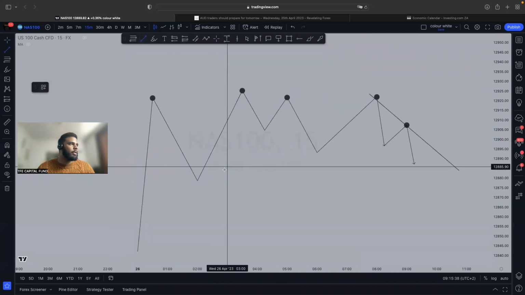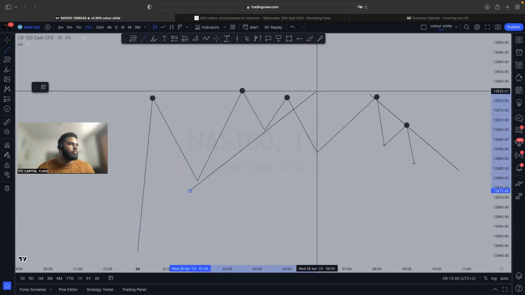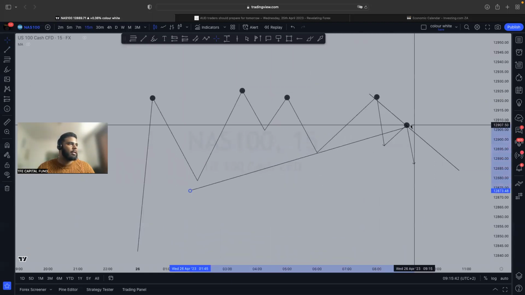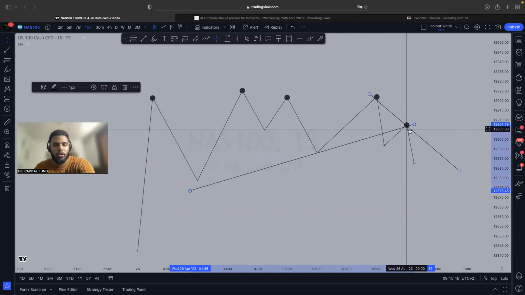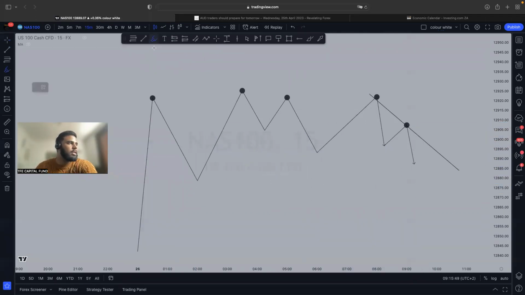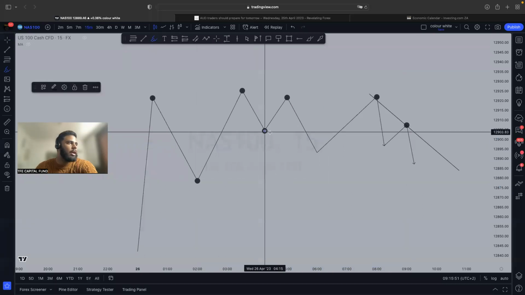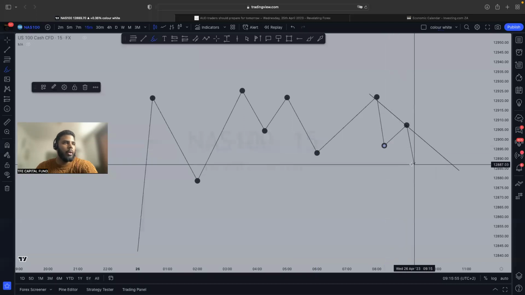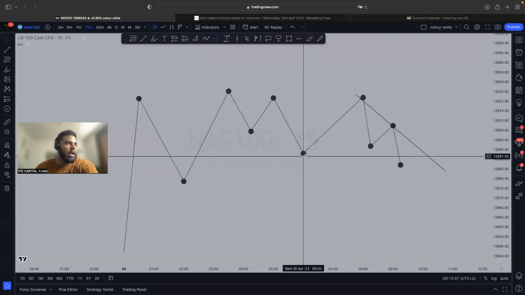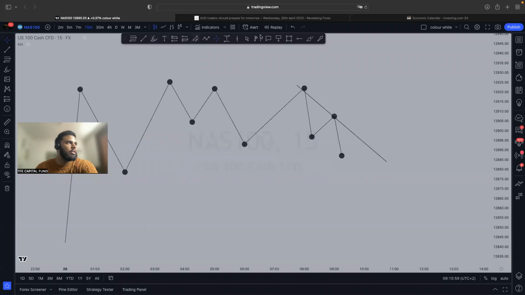So we went from an uptrend, right? We went from uptrend, market pushed down and created a downtrend. You see here's a higher low, lower low, and there's a higher low, right? But then now we created a lower low. So here we had a break of structure in actual fact, right?